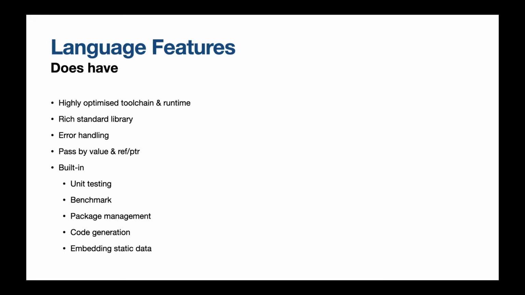Then the final one is embedding static data. There are a variety of use cases for this. If you have your SQL migrations, you can embed them within your program, so that you don't need to ship those SQL files separately or place them in the same directory. Or let's say you want to write a standalone executable that runs a website, and you want to include all the web assets.